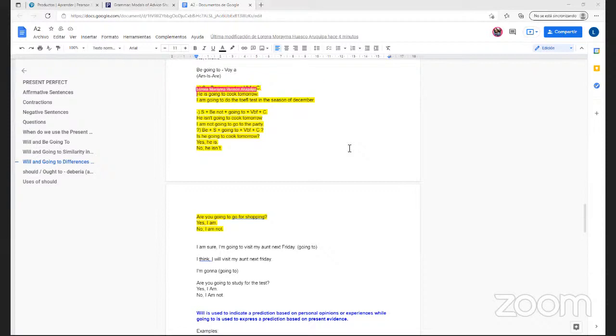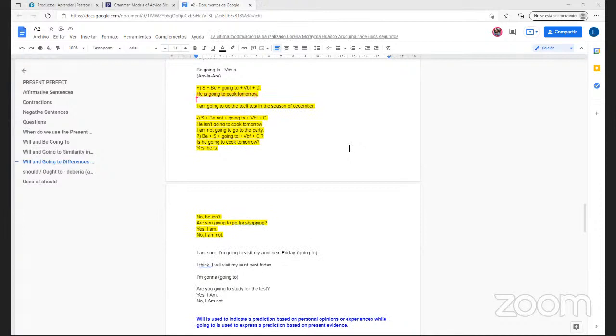For example, he is, the verb to be of he, right? Always going to, the verb in base form, cook, and in the complement, maybe we could put tomorrow. So he is going to cook tomorrow. Él va a cocinar mañana, right? So that is the meaning of this be going to. Va a, voy a, vamos a, van a, okay?